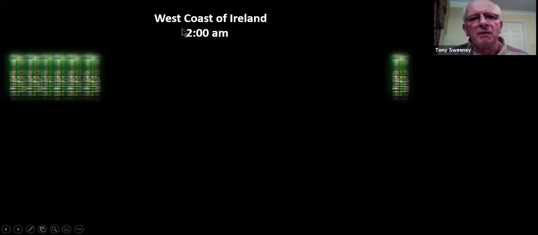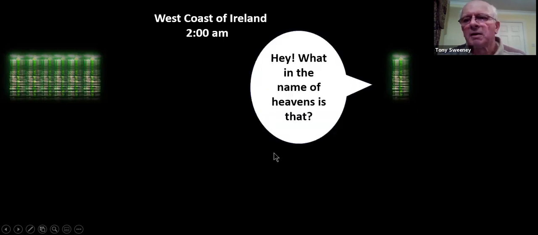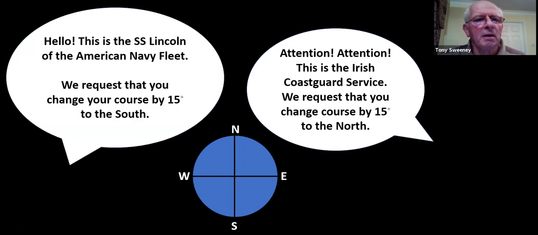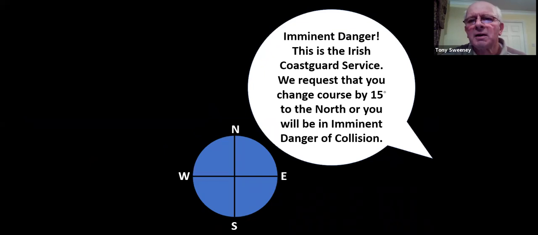So you have off the west coast of Ireland, 2A and 2A. You have 2 lights in the sea. Hey, what in the name of heavens is that? Attention, attention, this is the Irish Coast Guard Service. We request that you change course by 15 degrees to the north. Hello, this is the SS Lincoln of the American Navy Fleet. We request that you change your course by 15 degrees to the south. Imminent danger. This is the Irish Coast Guard Towers.